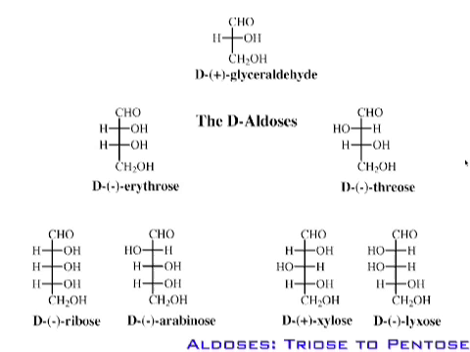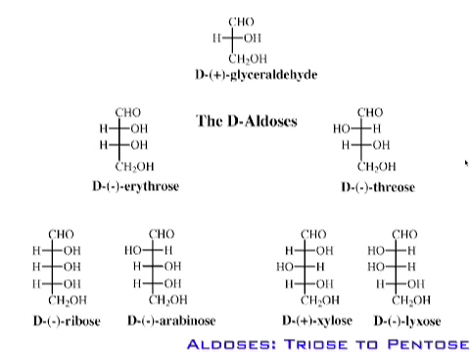The first one, D-glyceraldehyde, of course its mirror image is L-glyceraldehyde. Each of these can have a mirror image. Notice when we get to 2 chiral centers, if both OHs are on the same side, you're an erythrose. If the OHs alternate, you're threose. Notice when we get to 3 chiral centers, we have 4 D sugars named ribose, arabinose, xylose, and lyxose.